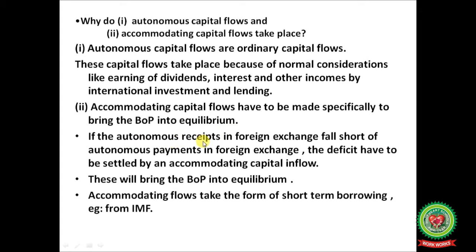If the autonomous receipts in foreign exchange fall short of autonomous payments in foreign exchange, the deficit has to be settled by an accommodating capital inflow. This will bring the balance of payment into equilibrium. So accommodating flows take the form of short-term borrowings, for example, borrowing from the IMF, International Monetary Fund.